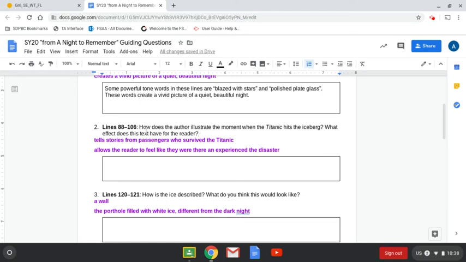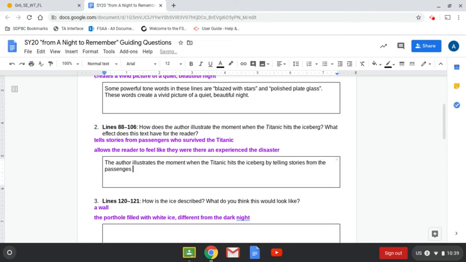All right. Let's use our question stem. How does the author illustrate the moment when the Titanic hits the iceberg? And I'm going to steal his words. The author illustrates the moment when the Titanic, capital there, because that's the name of the ship, hits the iceberg by telling stories from passengers who survived the, let's say, Titanic disaster.